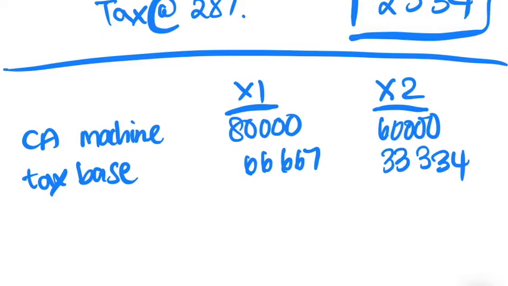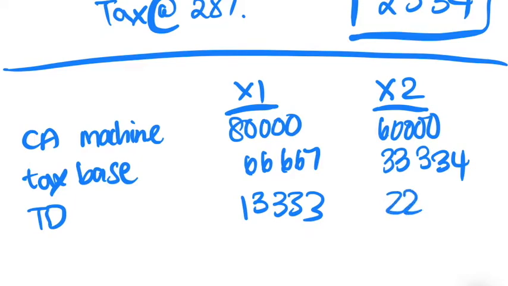So if we want to calculate our temporary differences, they are going to be 13,333 in year one, and then 26,666 in year two. And these temporary differences are taxable temporary differences. Why?